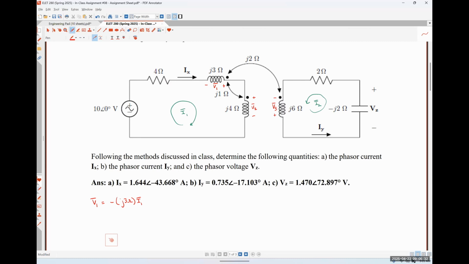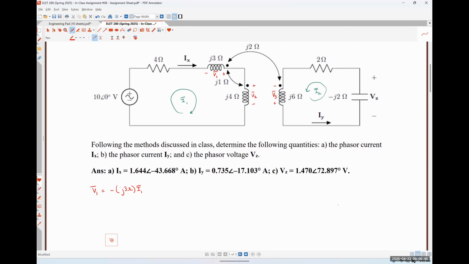All right, so now we need to figure out what's going on with our mutual term, okay? So just to make our lives easier. So our mutual inductance is J2 ohms. The current that's flowing through our coupled coil is I2.